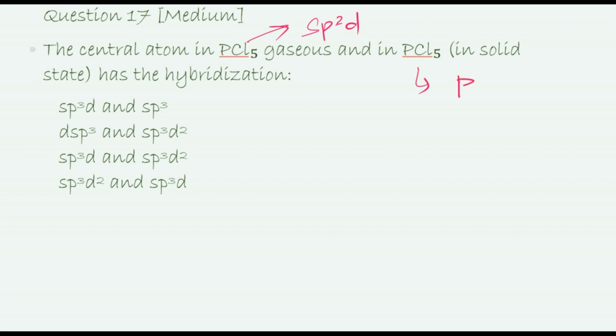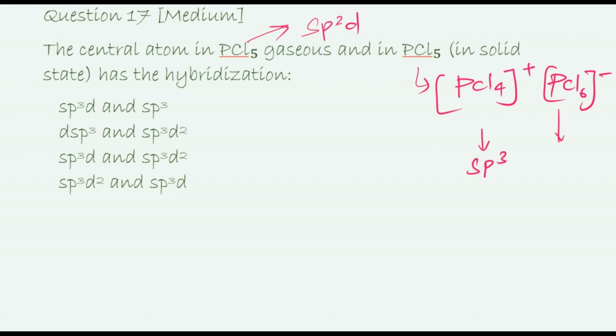And PCl5 in solid will exist in two ionic forms, that is PCl4 plus and PCl6 minus. Among these, PCl4 plus is sp3 hybridized and PCl6 minus is sp3d2 hybridized. So the answer to this question becomes sp3d and sp3.